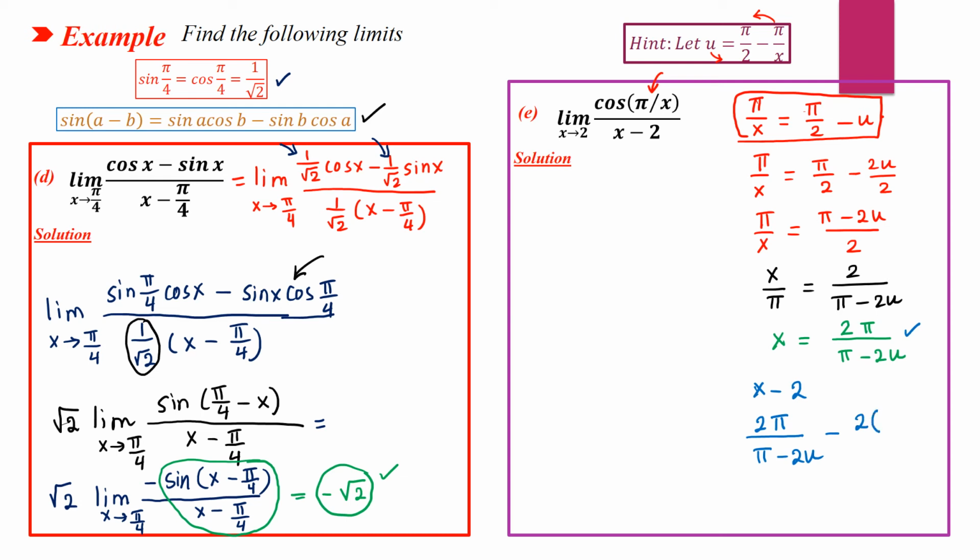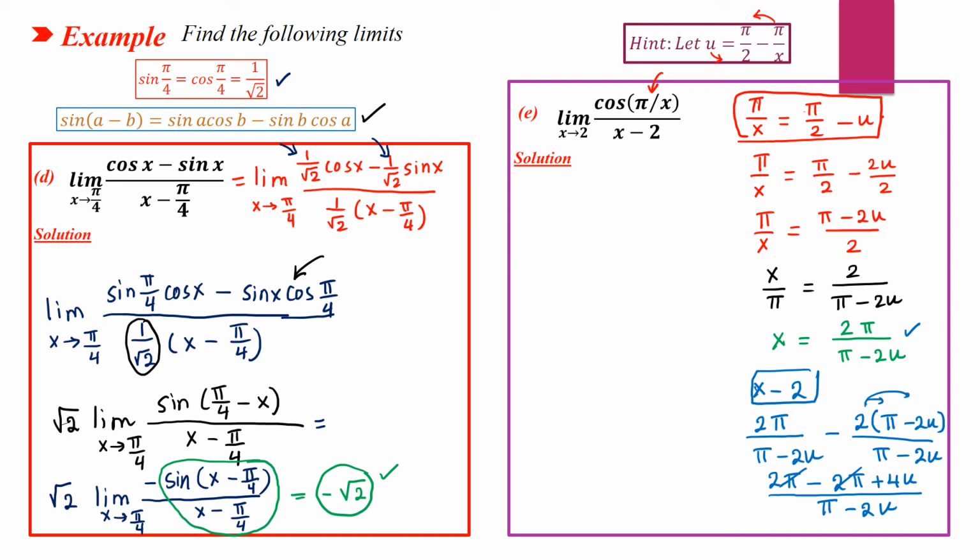Now you have to rationalize the denominator by multiplying the second term, which is 2, by pi minus 2u divided by pi minus 2u, and you will get 2 pi minus 2 pi plus 4u divided by pi minus 2u. Now cancel negative 2 pi with plus 2 pi, you will get 4u over pi minus 2u. This is x minus 2.